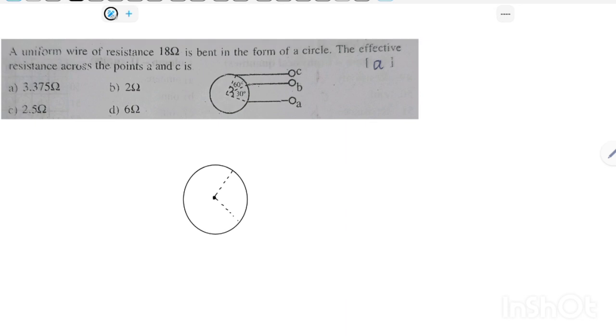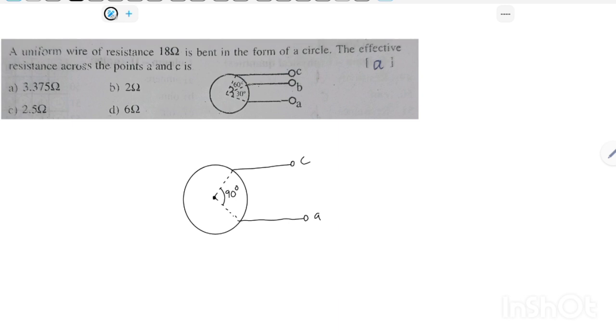So I am just neglecting B for simplicity and considering the total angle here is 90 degrees. Now this is the node C and this is the node A. Now I want to find the resistance between A and C terminals.